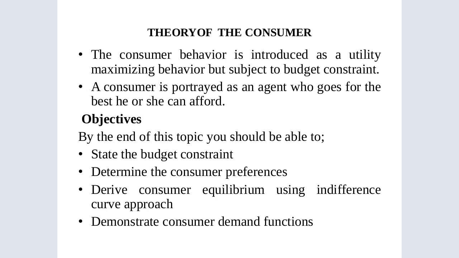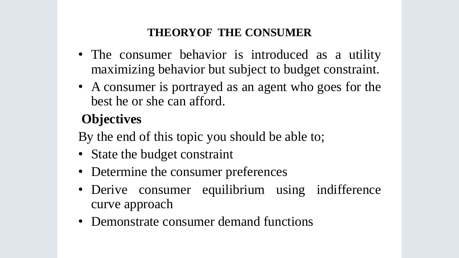But this one is subject to the budget constraint. So the budget constraint in this case simply refers to the income that the consumer has. So the consumer can enjoy or maximize that utility subject to the income that the consumer has.